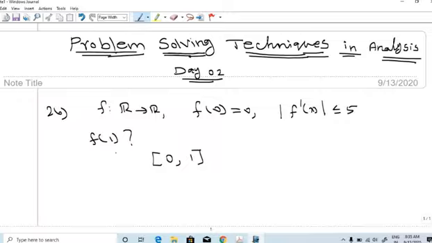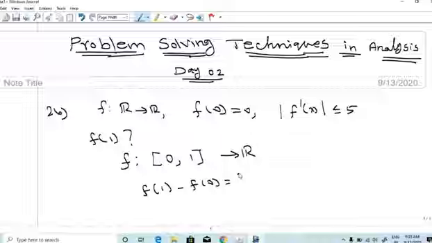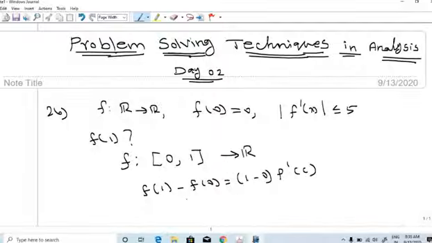Now consider this function restricted to the domain closed interval 0, 1 to R. Now by mean value theorem, f of 1 minus f of 0 equals 1 minus 0 into f dash of some c. So f of 0 is 0, therefore f of 1 equals 1 minus 0, which is 1, times f dash of c.